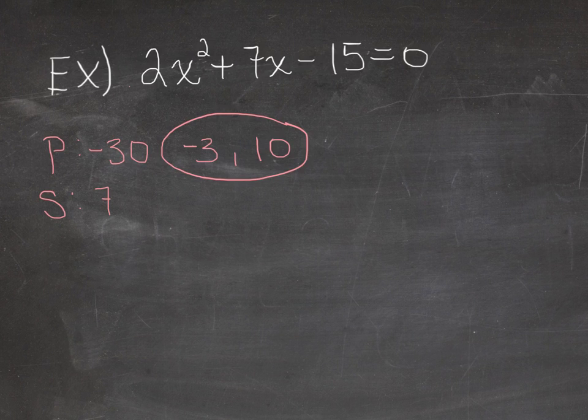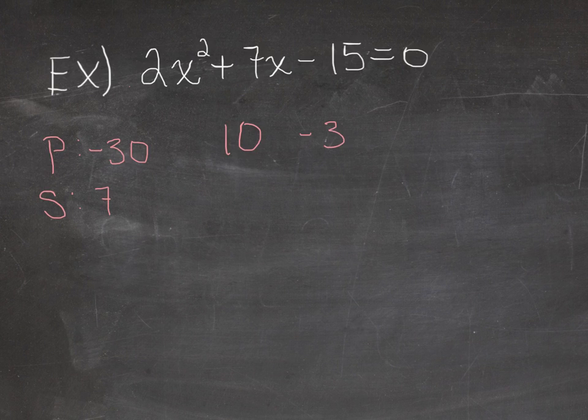So now what I do is I'm going to split that b term into these two. I'm going to flip the order of those, and I'll say why in a minute. So I'm going to split the 7x into 10x minus 3x.